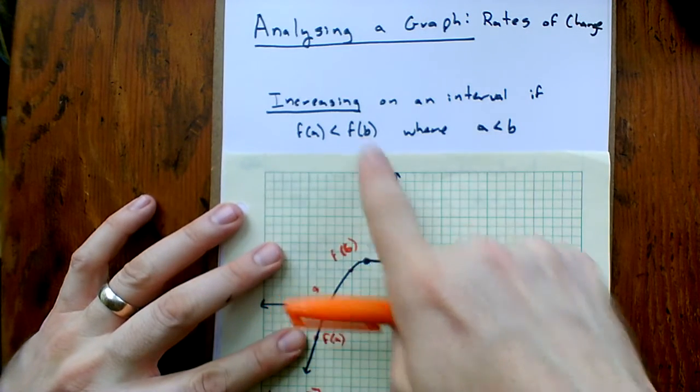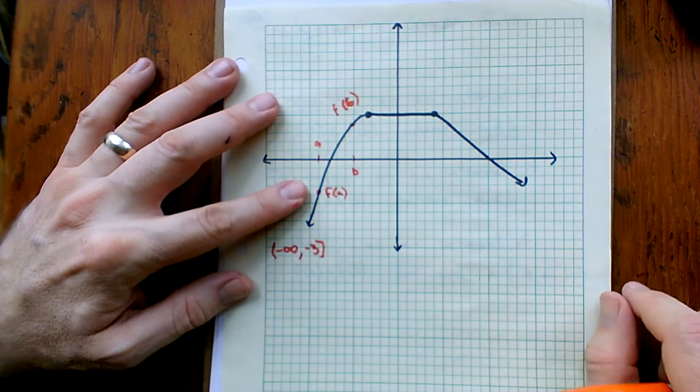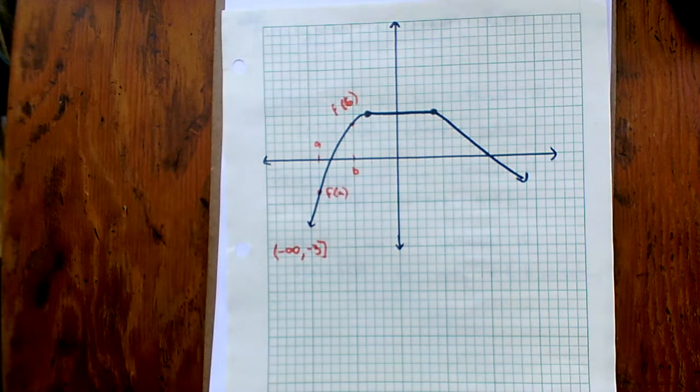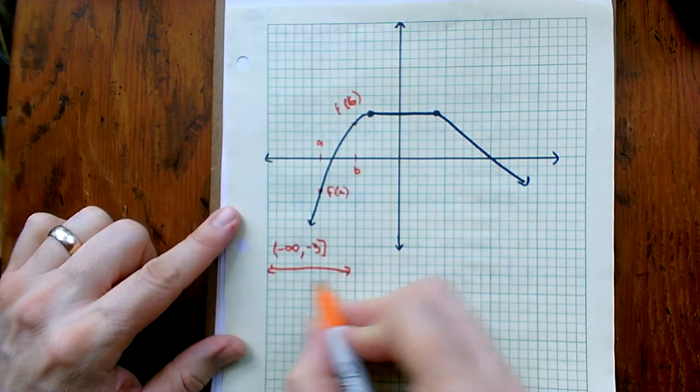F of a is smaller, it's more negative, than my f of b. This is increasing. Right here, this is an interval of increase.